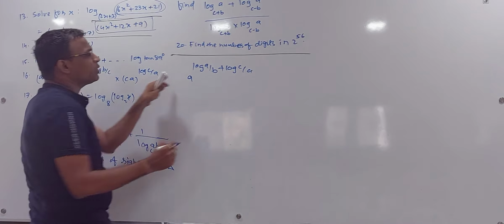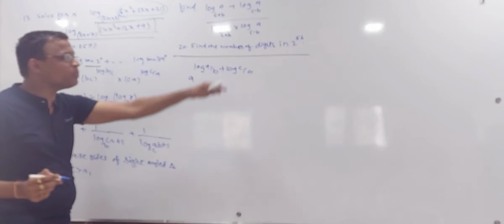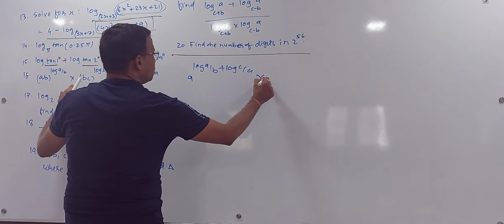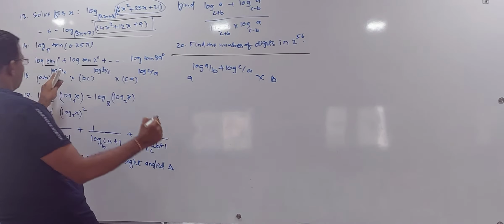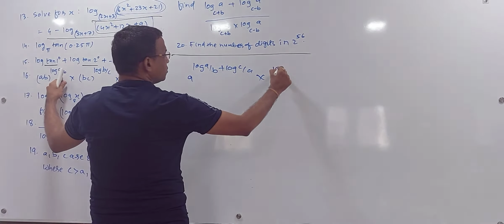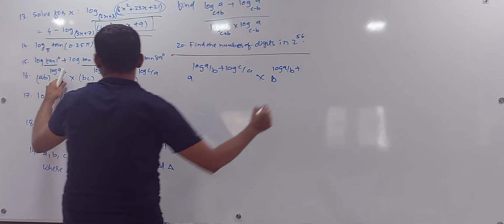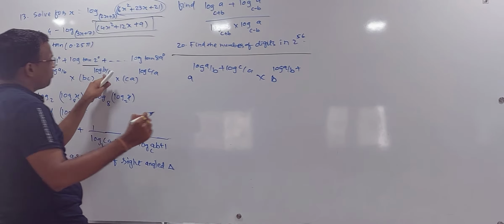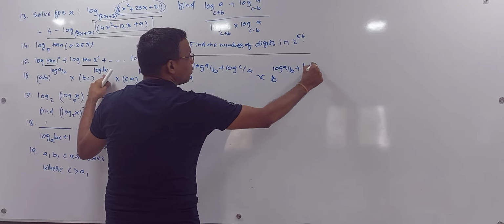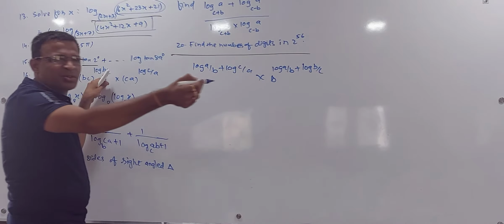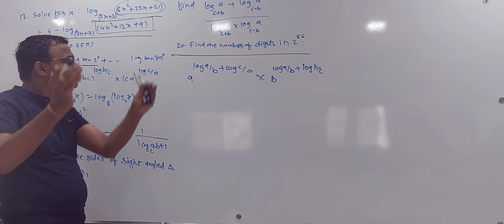And you will definitely get a clue, a pattern. Into B power log A by B plus log B by C. I am not interested in doing C power because you will get a pattern.